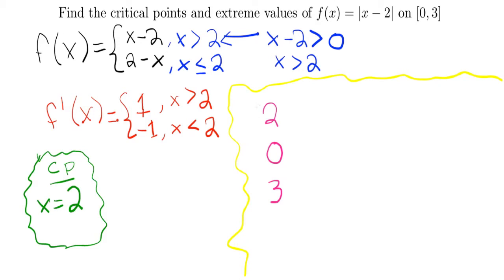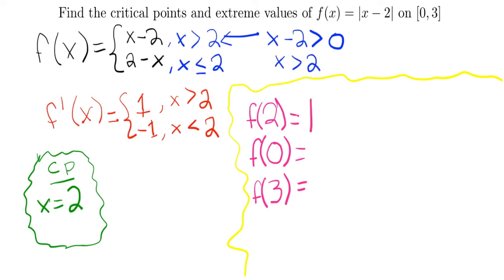Remember, the goal is that we're looking for which one's the absolute largest or absolute smallest. So in other words, we're going to compare the y values of all of these guys. So that's why we plug in these three into the original function. Then we're going to compare the y values.